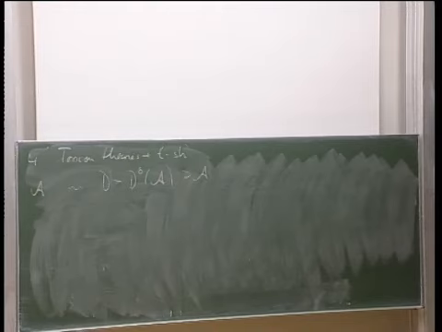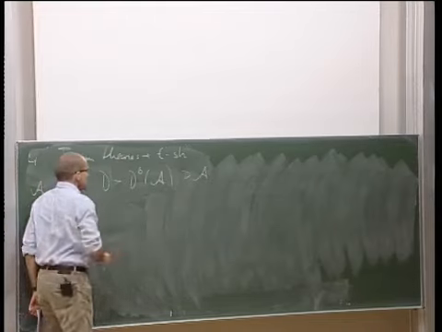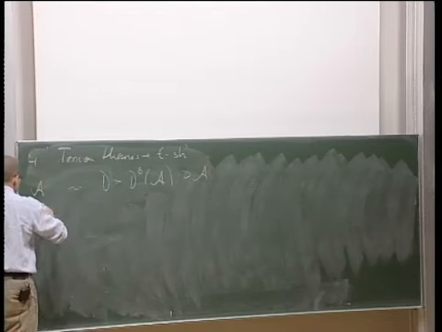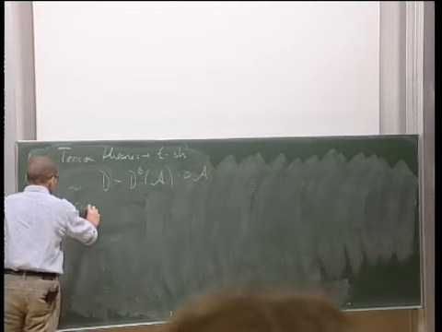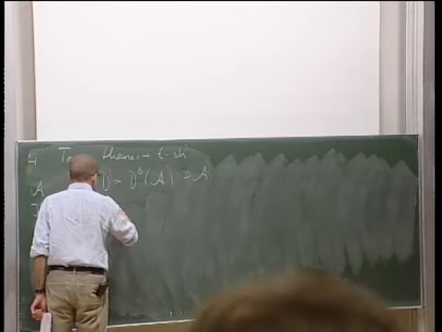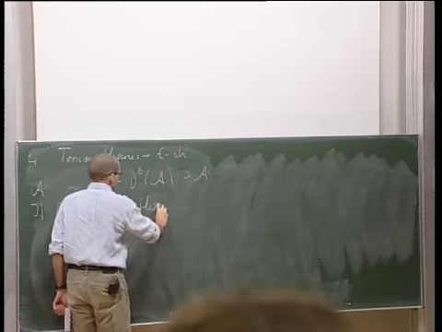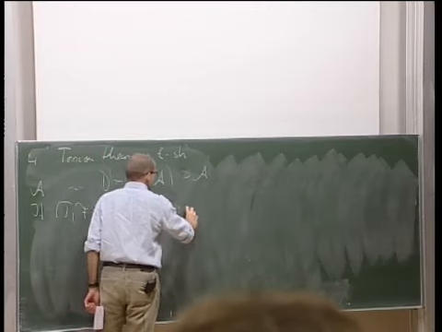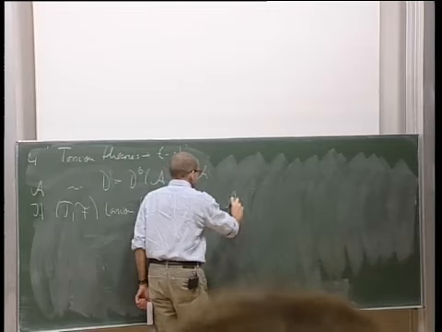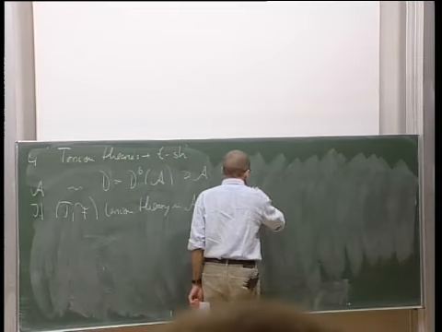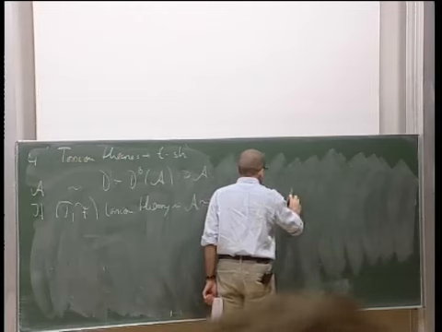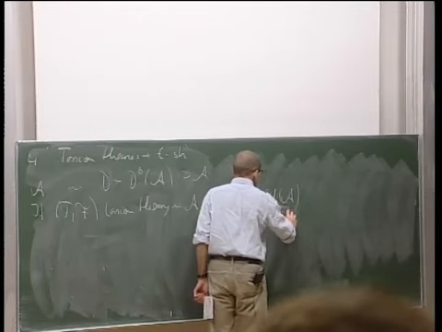If I give myself now a torsion theory for this A, I can define a new t-structure on this derived category. So if (T, F) is a torsion theory in A, then one defines A sharp, the tilt of A with respect to this torsion theory.